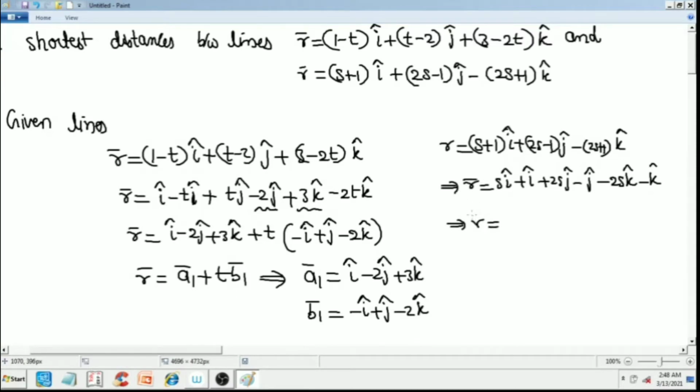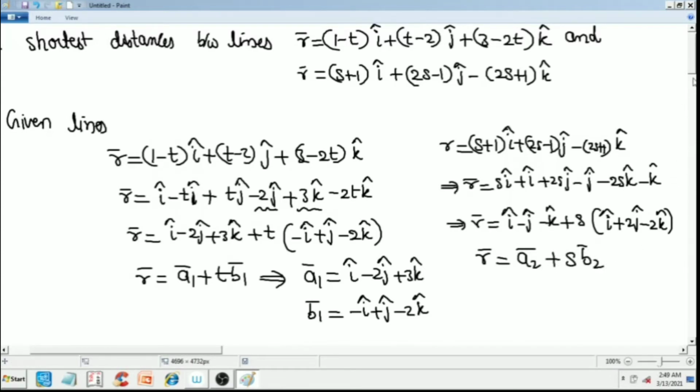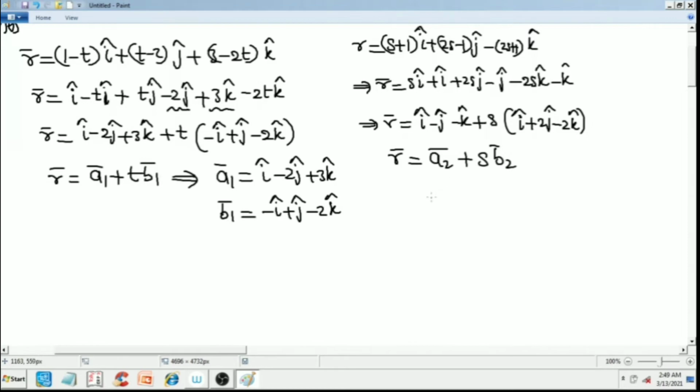R is equal to i minus j minus k plus s into (i plus 2j minus 2k). So we have r bar equal to a2 bar plus s times b2 bar. Here a2 is i minus j minus k, and b2 is i plus 2j minus 2k. Here we got a1, b1, a2, b2.